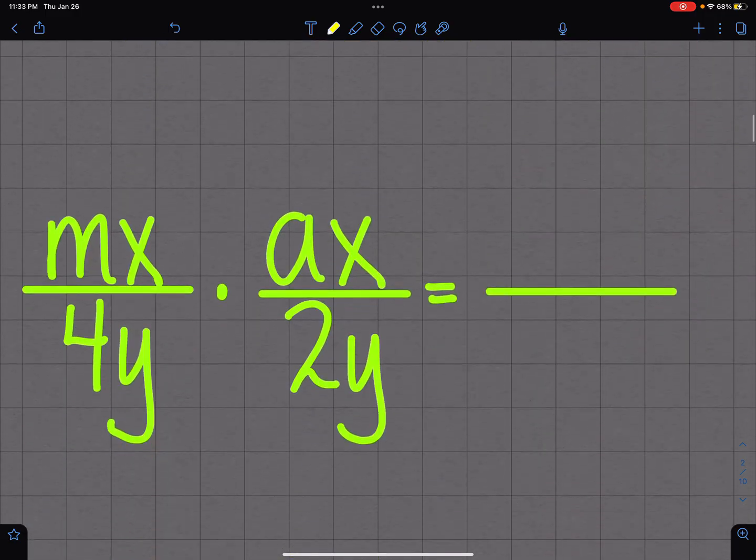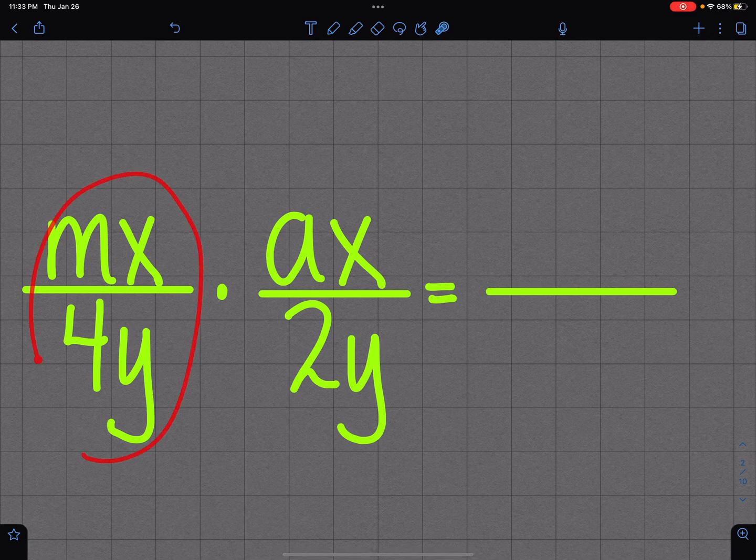Now, what about variables? Variables means a letter because the number value of it can vary. It can be whatever number, right? Variables stand for some unspecified real number, but all the rules for real numbers also apply to variables. So this is super cool: when you have a fraction here and a fraction here, you do the same thing, just pretend they're numbers. We multiply the numerators straight across.